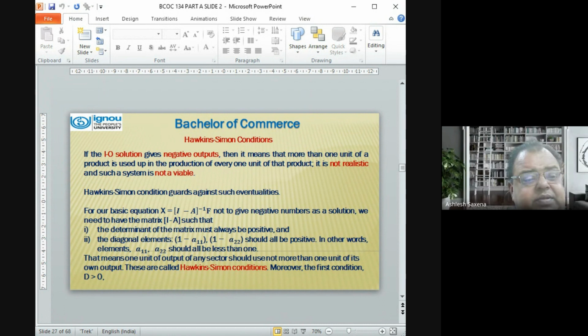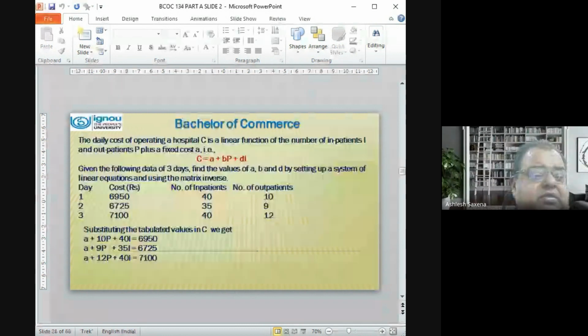A hospital cost C is a linear function of the number of inpatients I and outpatients P plus a fixed cost. That is the cost function. C is equal to, given the following data of 3 days. Find the values of A, B, and D by setting up a system of linear equations using the matrix inverse.